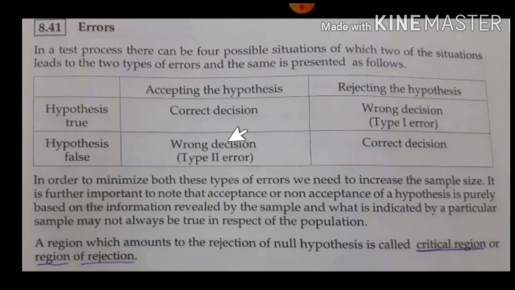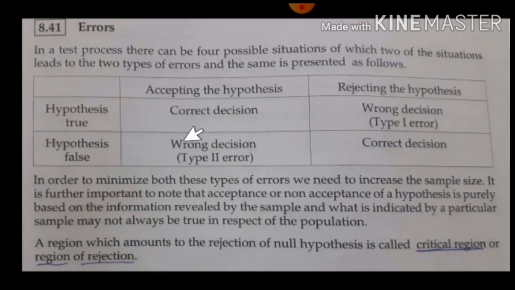Okay. So it may help you to remember this table easily if I give an example: a person has done a crime.